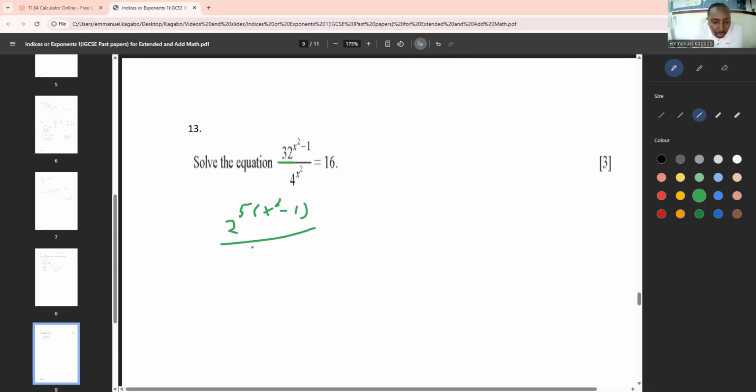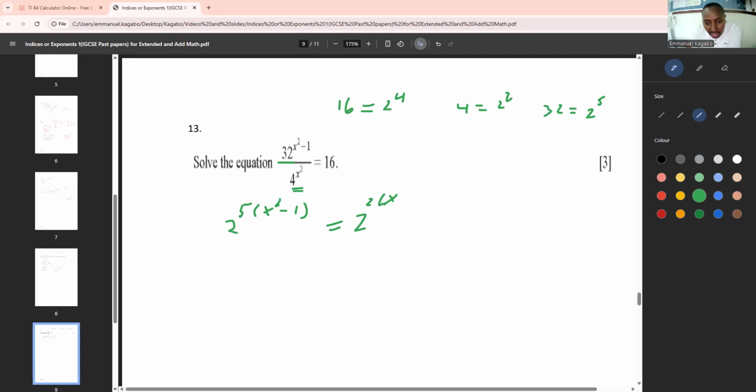By the way, let me cross multiply. So when I cross multiply here, it will be 16. 16 is 2 power 4. 4 is 2 power 2. And 32 is 2 power 5. Okay?